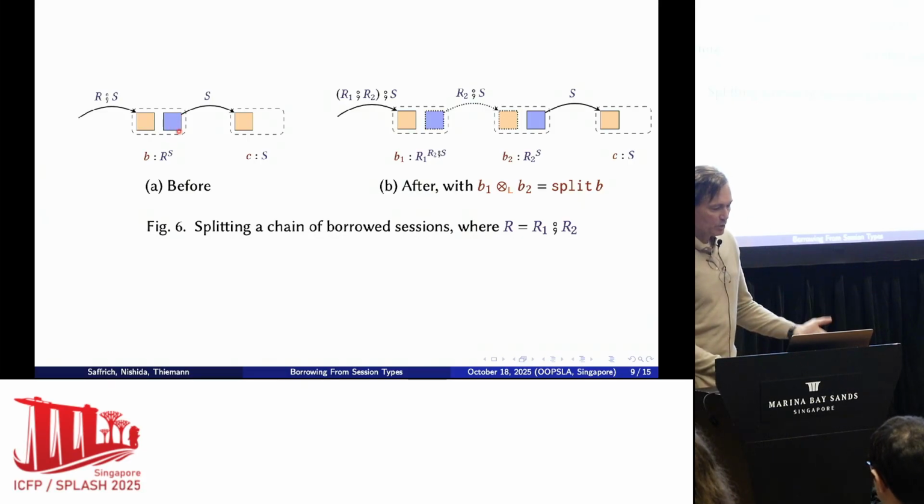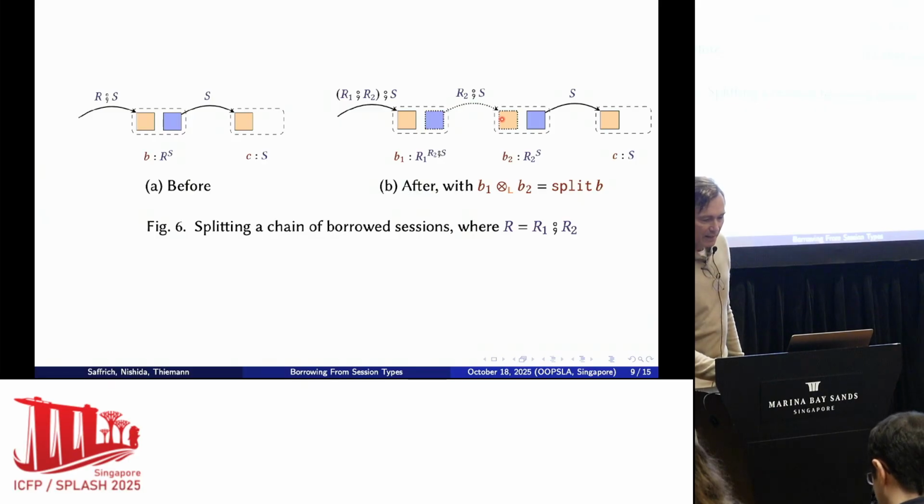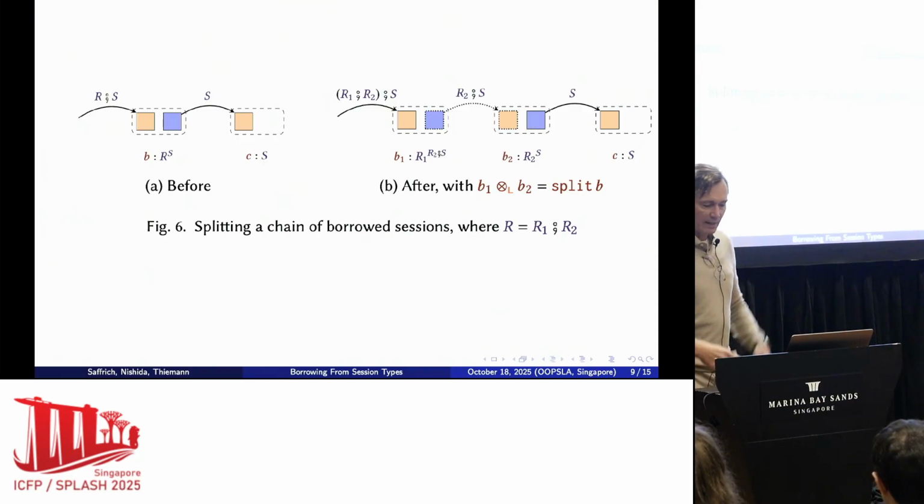So I always push it back into this blue part, which means when I take a new borrow, so when I say this here stands for R, when I split this further, all I have to do is insert a new cell, so that when I'm finished here, I'm not pushing directly to this one, but I'm pushing to this intermediate cell, and then this subsidiary continuation can pick it up, and once that is done, it passes it on to the final continuation.